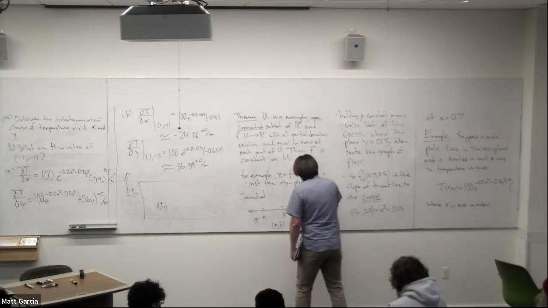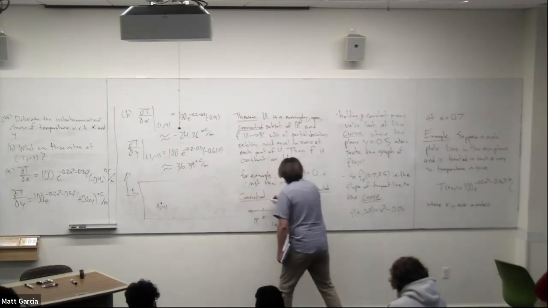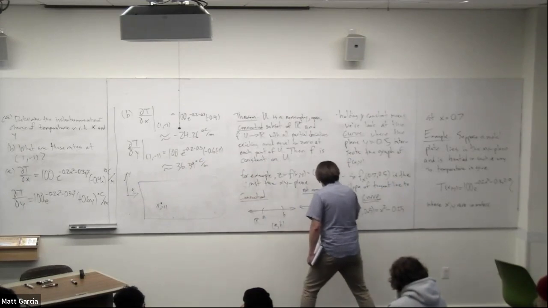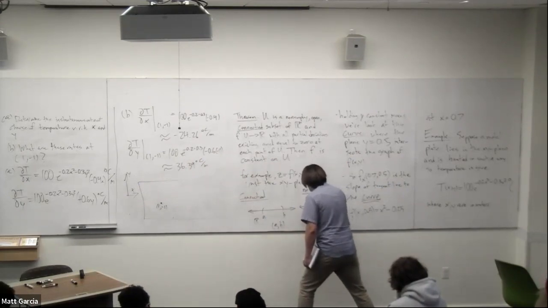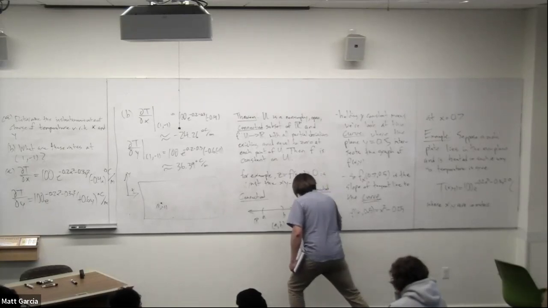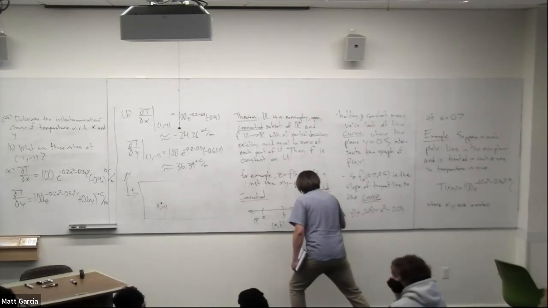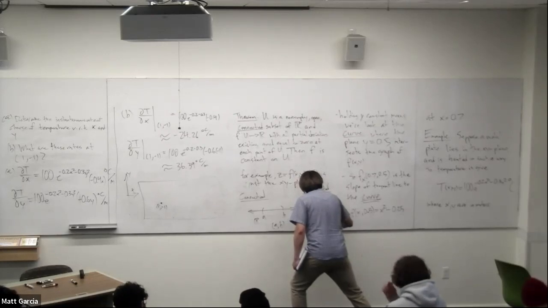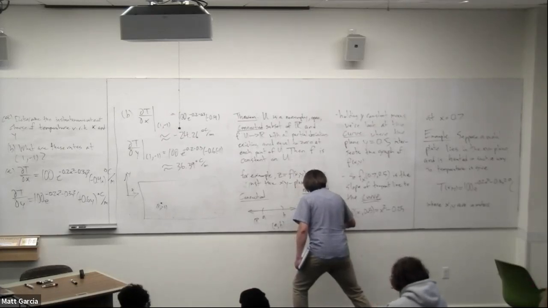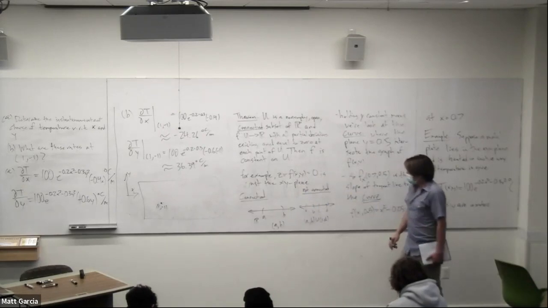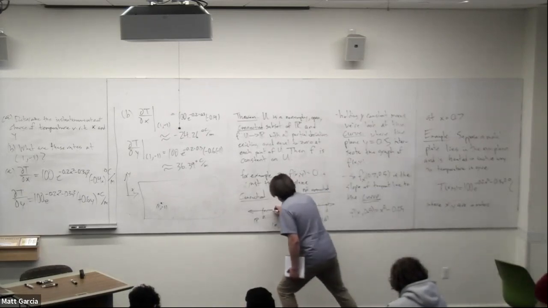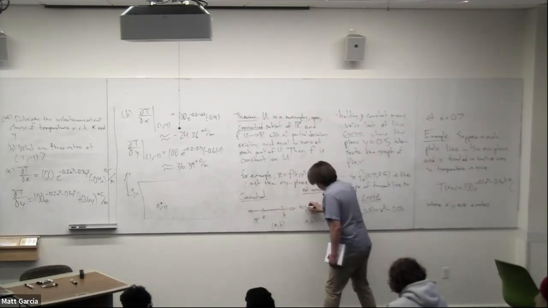Here's an example of a not connected subset of R. Take the open interval A to B, and I take the union with the open interval C to D. This is the set I'm considering here.